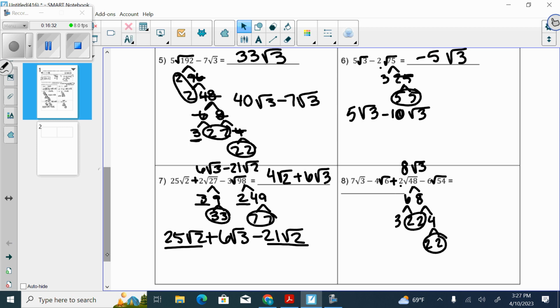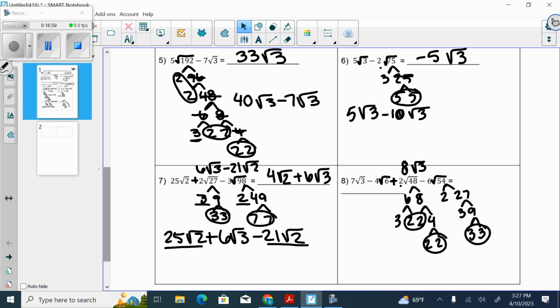Okay? All right, 54 is pretty big too. We should be able to break that one down. What gives us 54? Okay. All right, and what gives us 27? 3 and 9. And what gives us 9? 3 and 3.